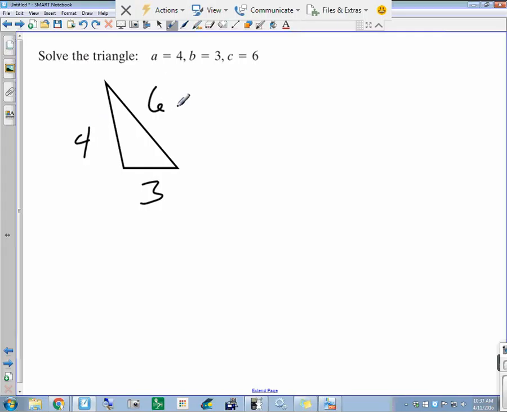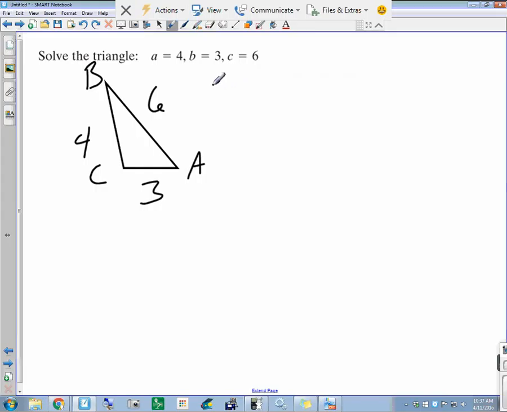Okay. So which way do you want to go? Where do you want to start? Does it honestly matter which one we tackle first? Pick one. Put A then. Okay. So that's 4, so that's going to be A down here. That means B is going to be up here. C is going to be there.